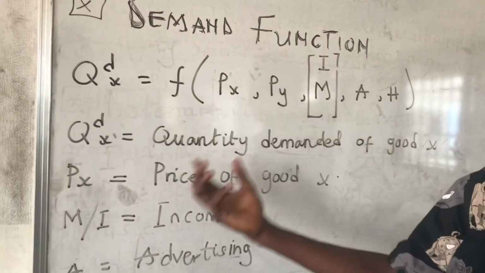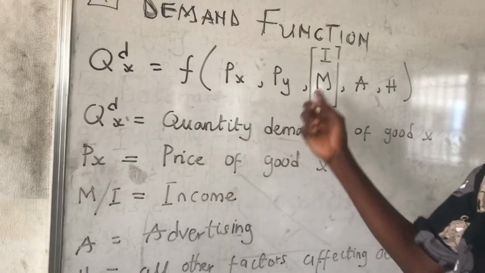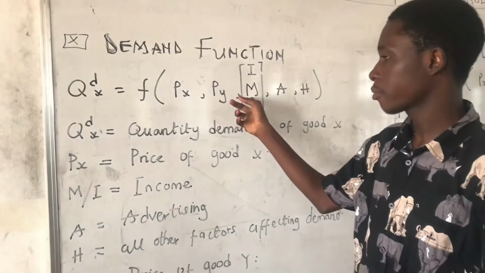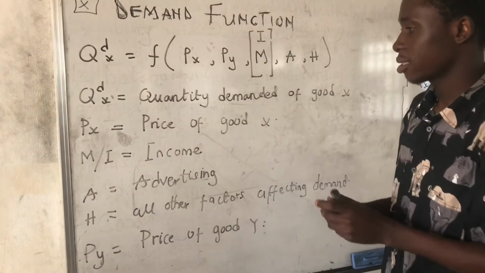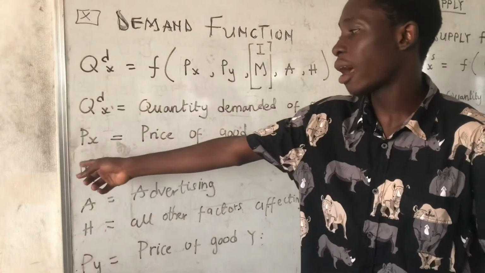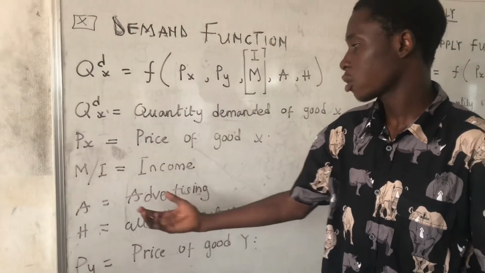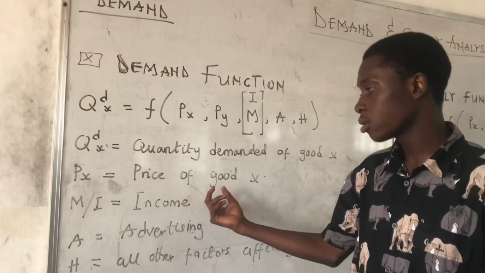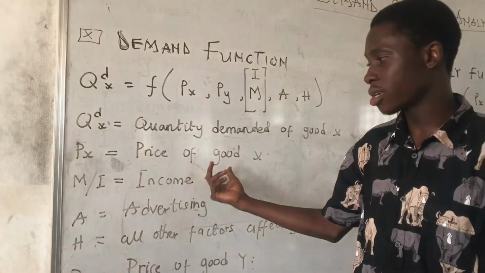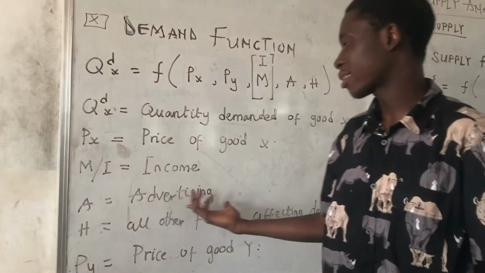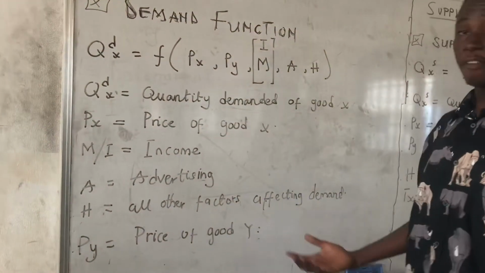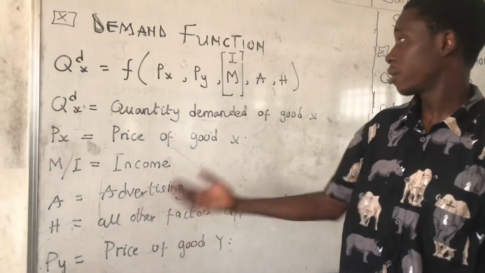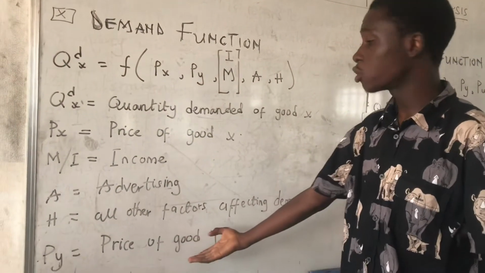The PX is price of good X. Either M or I is income, which is either a normal good or an inferior good. Are you okay? A is advertising or advertisement. We have H, all other factors affecting demand. PY is price of good Y.